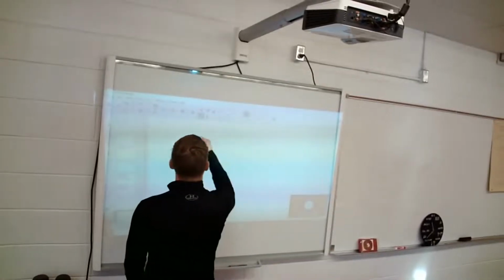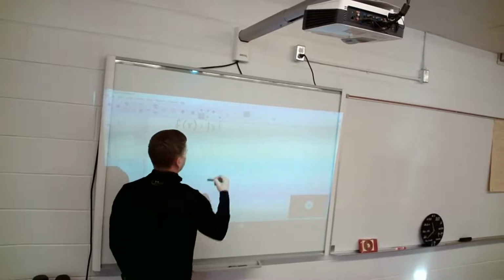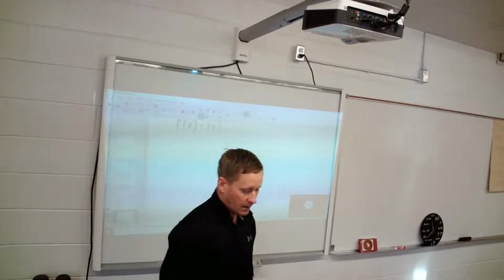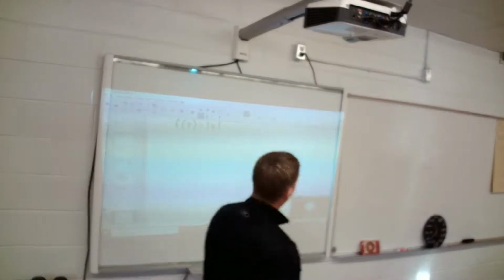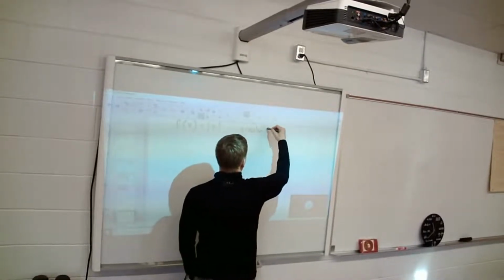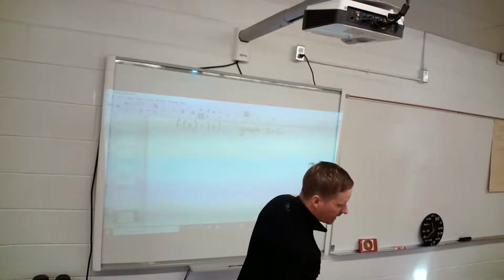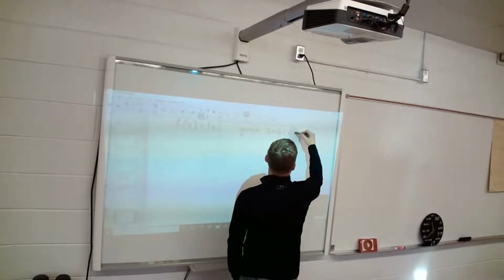If you look on page 2, it says for the graph f of x equals root absolute value of x, they want you to graph, and I don't like the way they wrote this, so I'm going to change it. Y plus 6 equals f of x minus 4.